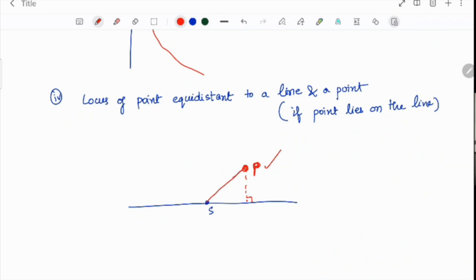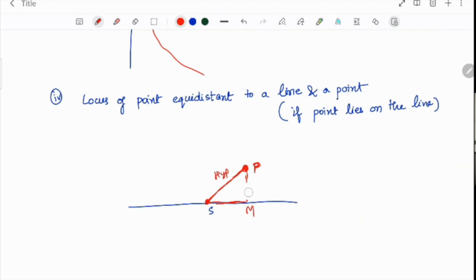Definitely not, because PS is the hypotenuse of a right angle triangle, and PM, the distance to the line, is the other side. So definitely PM is less than PS. But I want PM equal to PS.